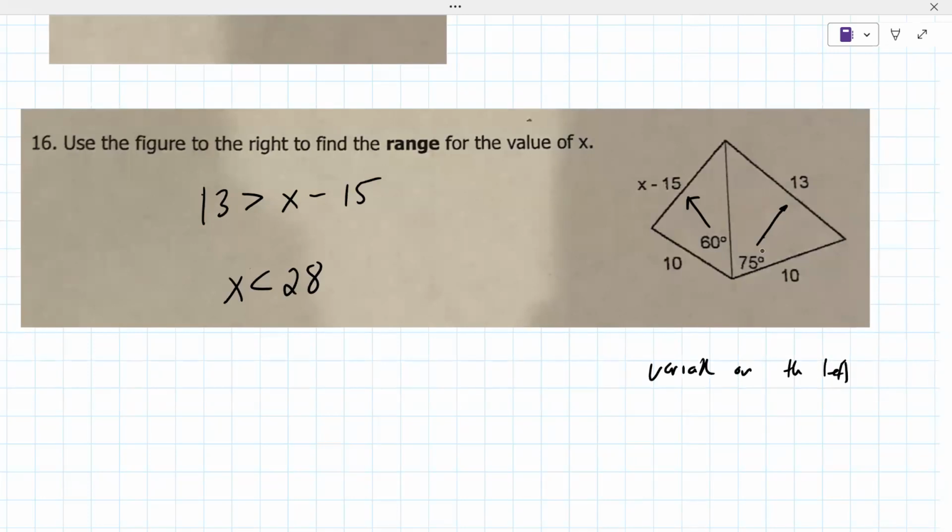Okay, so now we must also consider that the side has to be bigger than 0. You can't have a negative side.